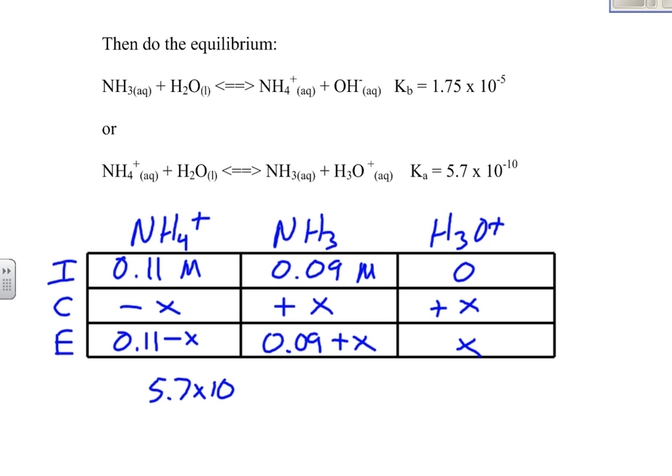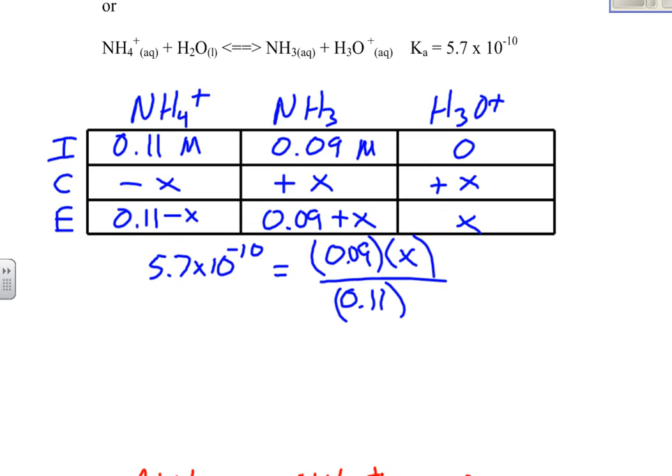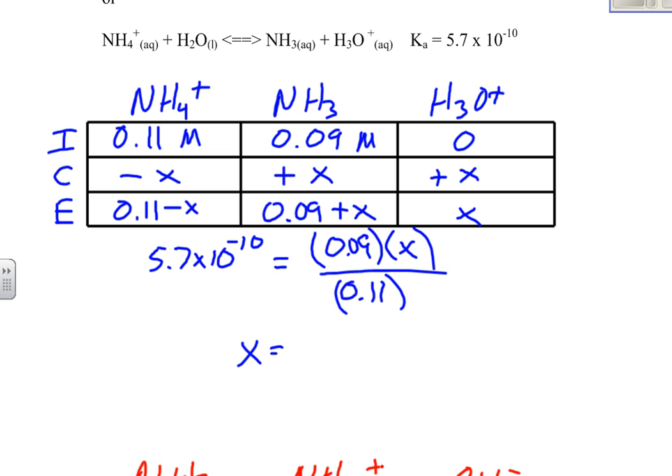5.7 times 10 to the negative 10th is equal to, again, we'll be dropping the x's from this. And here we get an x value equal to 6.97 times 10 to the negative 10th.